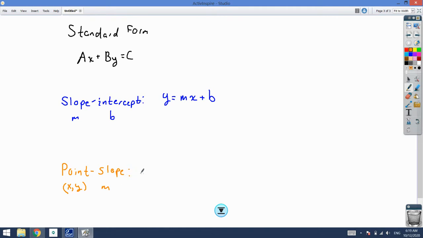And the names are pretty simple, making this y minus y1 equals m times x minus x1. And this is one that I want us to get really comfortable with because we'll be using it a lot later on. But these are 3 standard forms.